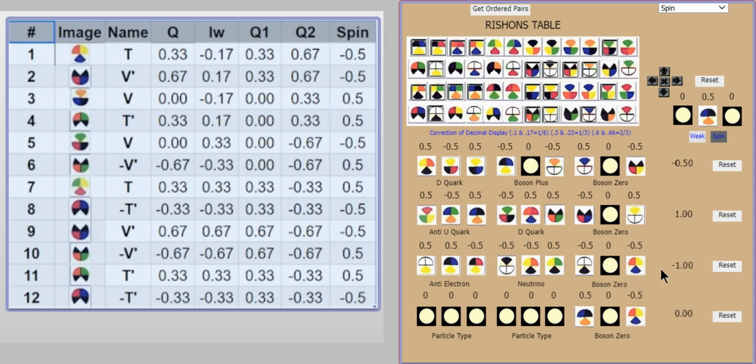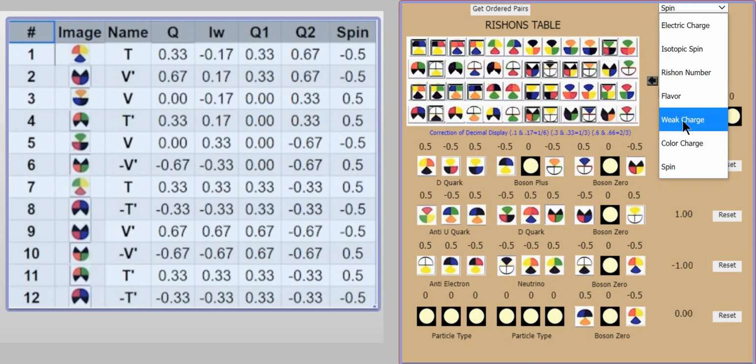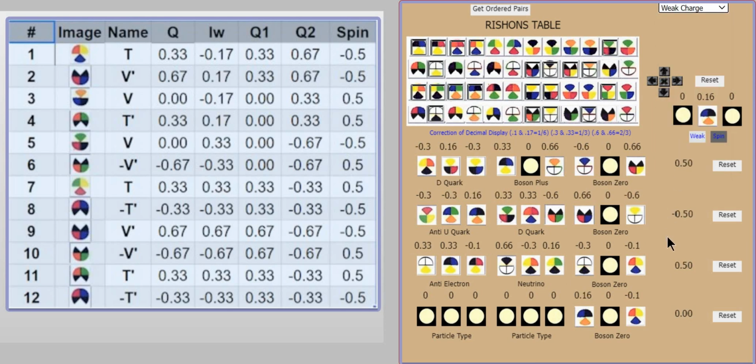Now, to see if there's any necessary corrections to these decay products, we must check the weak charge, or weak isospin. And we can see that the weak isospin on the W plus here is indicated correctly, which is a weak isospin of 1.